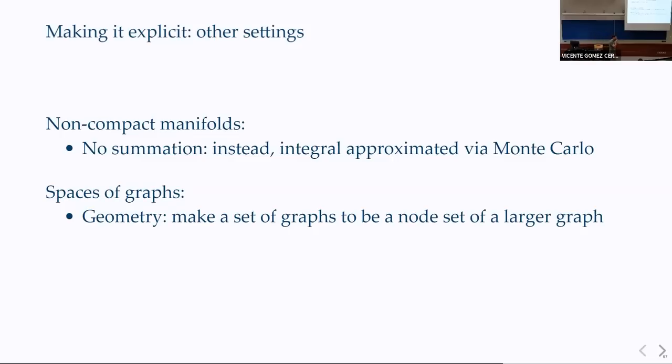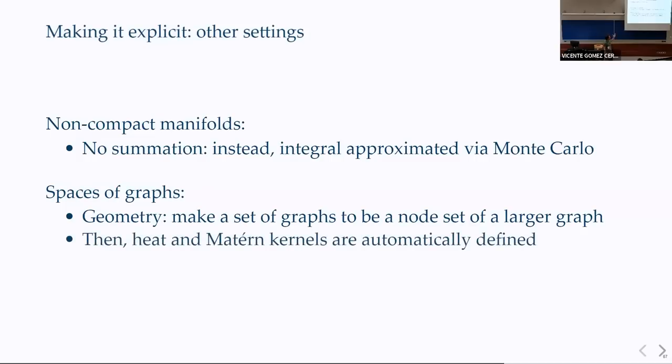This will be another way of defining geometry on the same set, but this way will automatically yield you the class of geometric Matérn kernels, because basically it will be the node set of a graph, the setting that we just considered before. So then Matérn kernels, and the heat kernel, which is what people also call the RBF kernel, these kernels are automatically defined if you define geometry in this way.